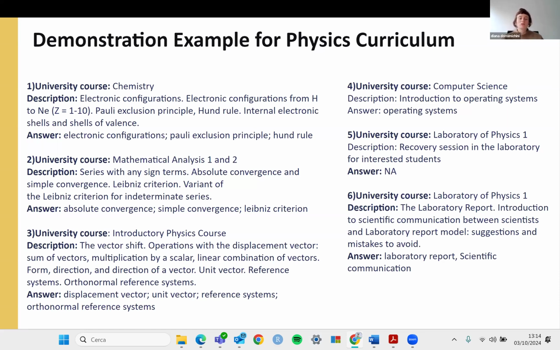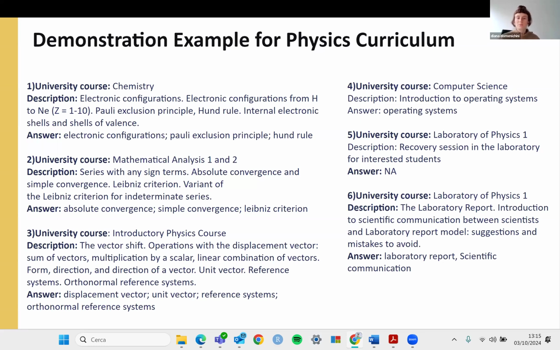And to also ensure variety in the type of answer, we selected a lesson that didn't have any educational concept during the class. So we can see that the fifth demonstration example has no concept. This is important, to also give an example where you don't have an educational concept.